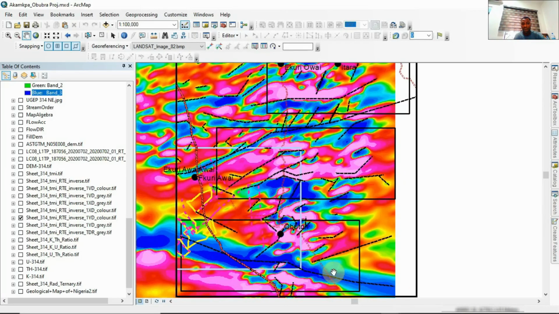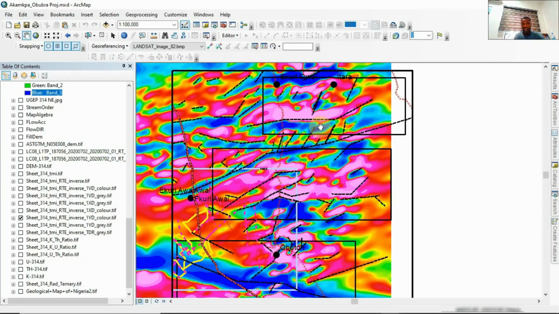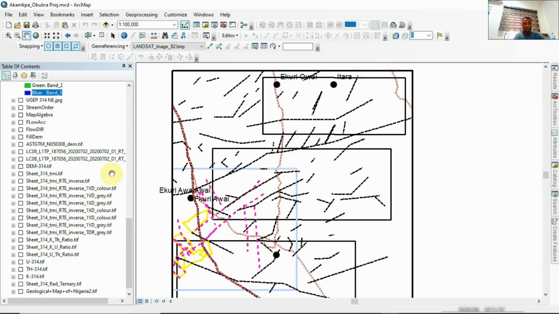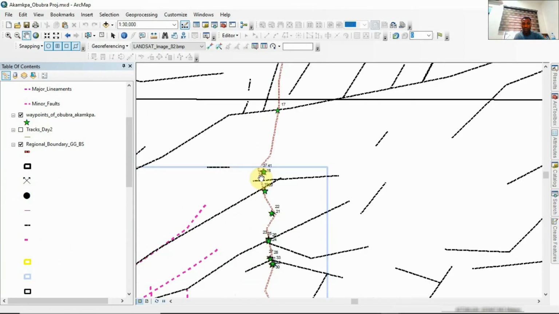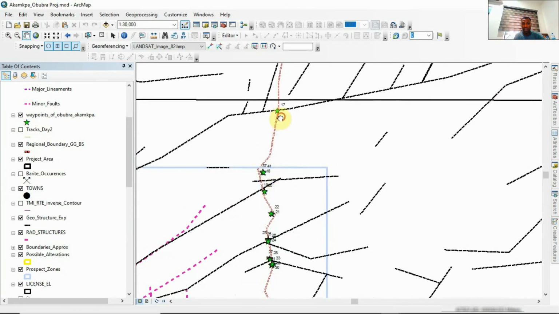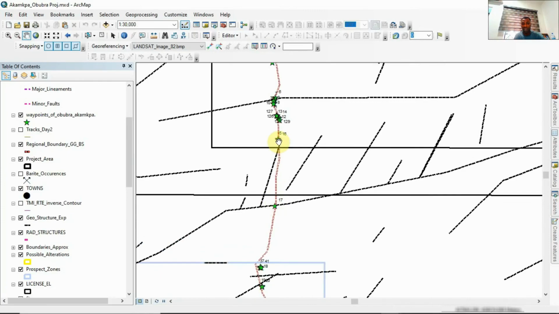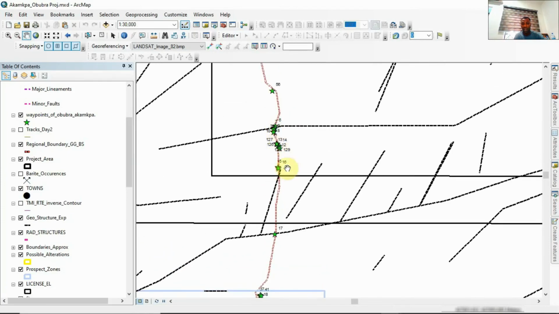There are three major, very broad rock units that we found within this region, and based on the field work, this was proved to be correct. You can see the ground truthing of this. Some of the work that was done here identified some of these contacts to be mineralized.